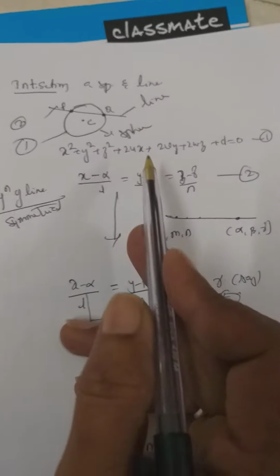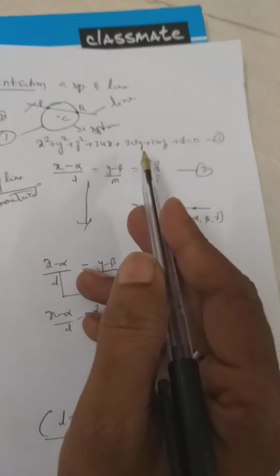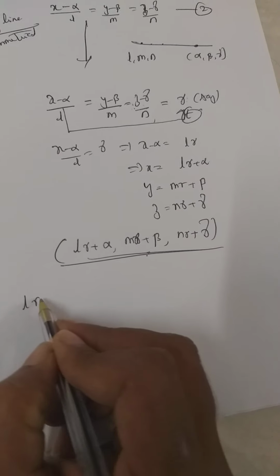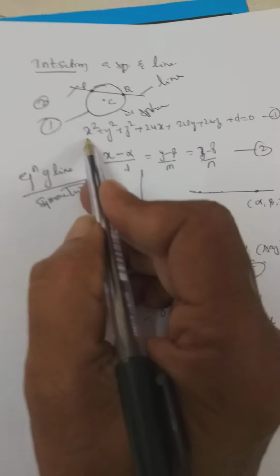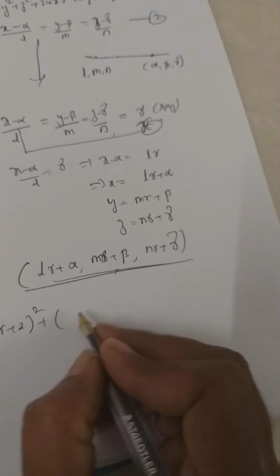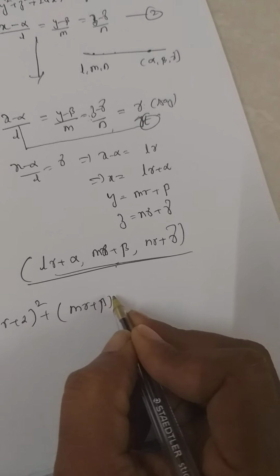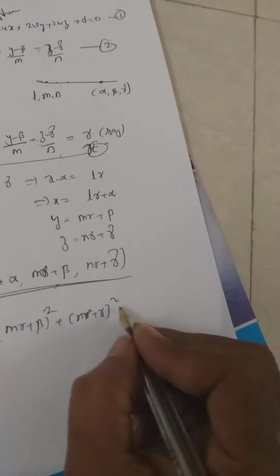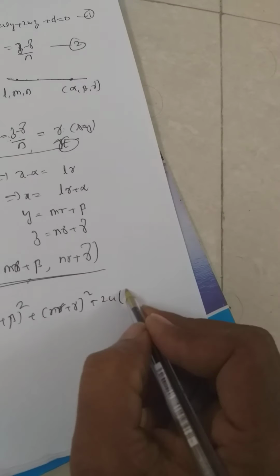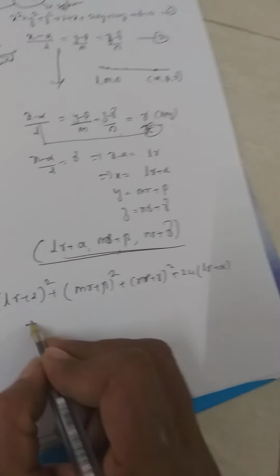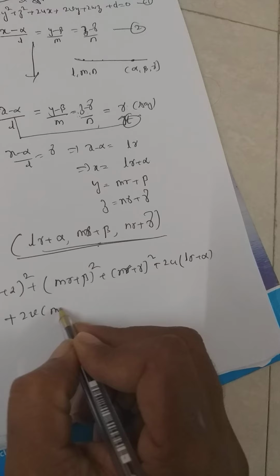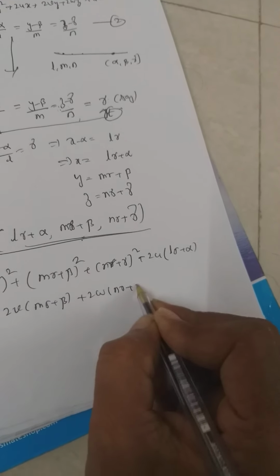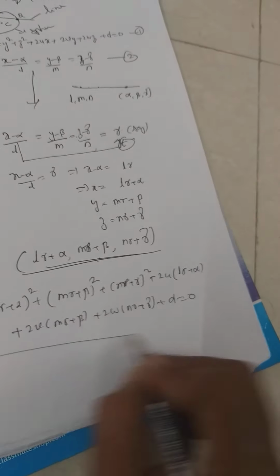If it is a point on the sphere, these coordinates satisfy this equation. That means we are going to substitute in the place of x, LR plus alpha, whole square, plus in the place of y, MR plus beta, whole square, plus NR plus gamma, whole square, plus 2u into (LR plus alpha) plus 2v into (MR plus beta) plus 2w into (NR plus gamma) plus d is equal to 0.